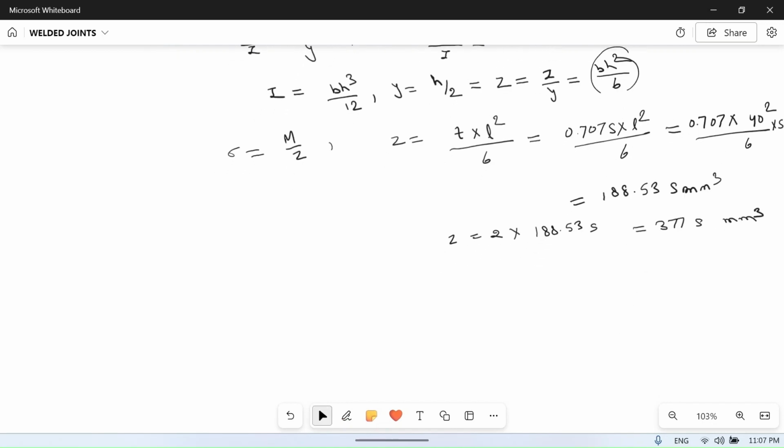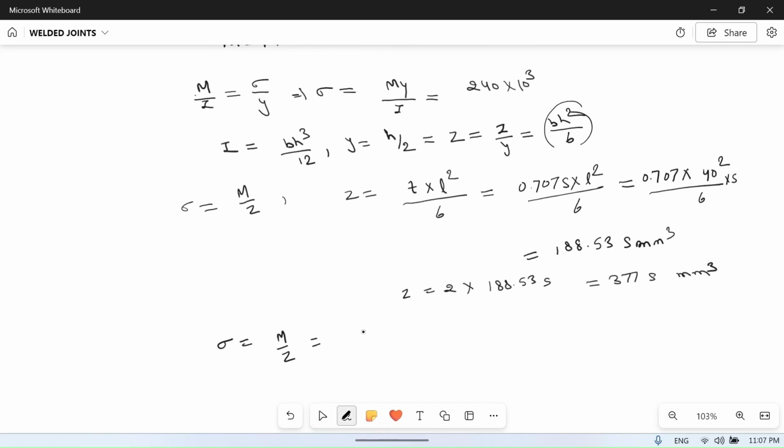Now sigma will be equal to M by Z. M is already known to us, 240 into 10 to the power 3 divided by 377 S. So it will be equal to 636.6 divided by S Newton per mm square.